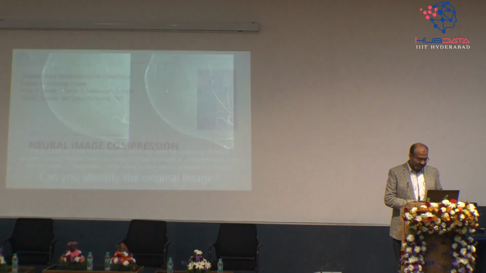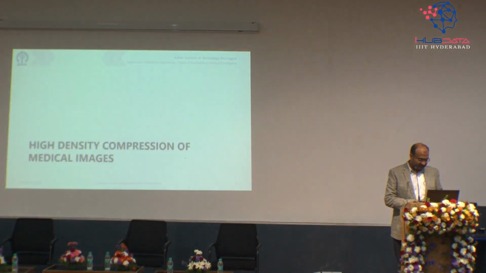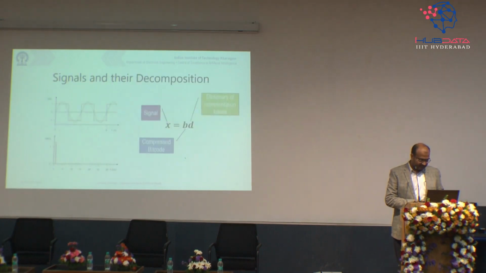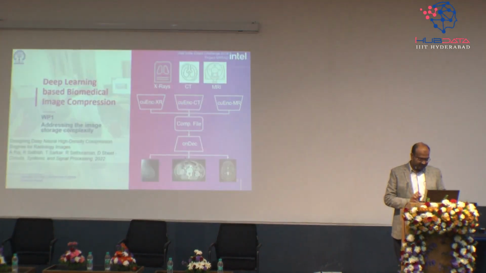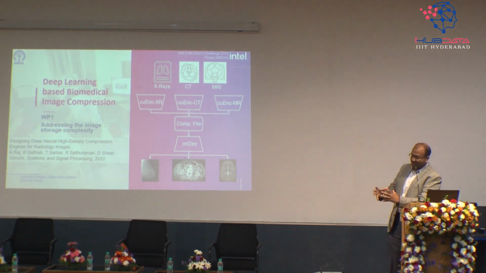Yeah, let me open up this particular slide. This one might help you understand. Your custom encoders, say for the X-ray, sit on the X-ray machine, and for the CT, sit on the CT machine. So the compression happens right at the machine where the scan is happening. The decompression happens at the viewing station of the radiologist.